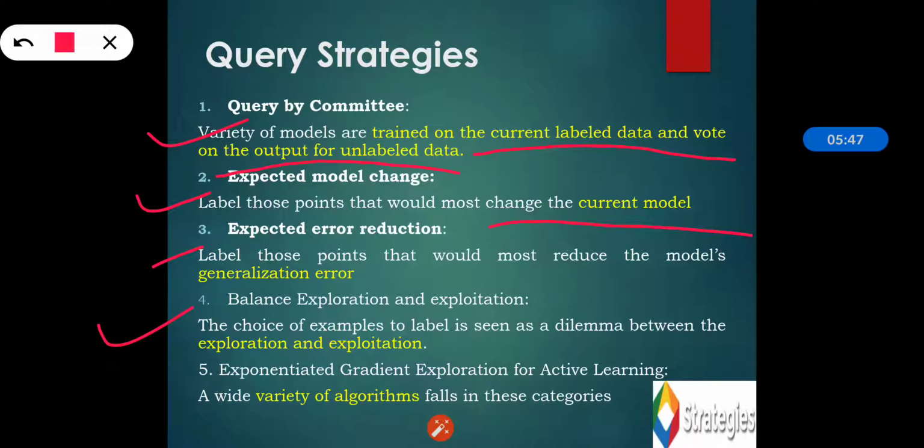For example, we propose a sequential algorithm, then in each round we assign the sampling distribution on the pool, then we sample one point from the distribution and query for the sample point's label. Exponentiated gradient exploration for active learning is one of a wide variety of algorithms that fall in these categories, by using which we can have an interactive session with all the users.